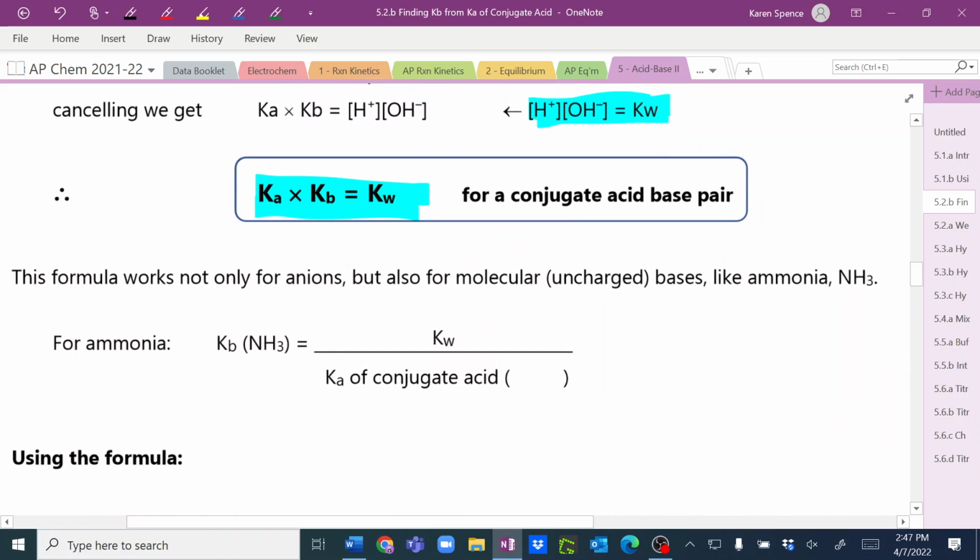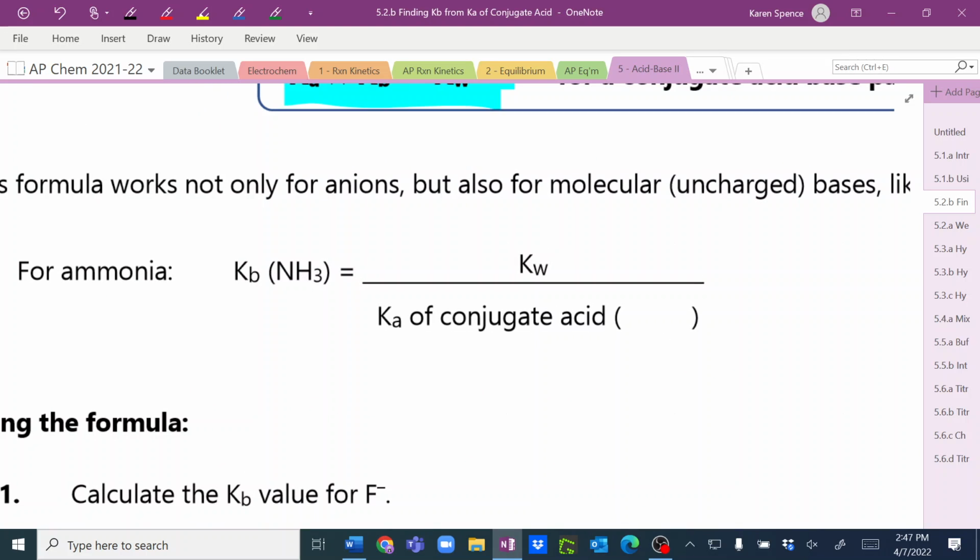This formula works not only for anions, but also for molecular or uncharged bases like ammonia. So Kb of ammonia is equal to Kw over Ka of the conjugate acid. Who is the conjugate acid in this case?